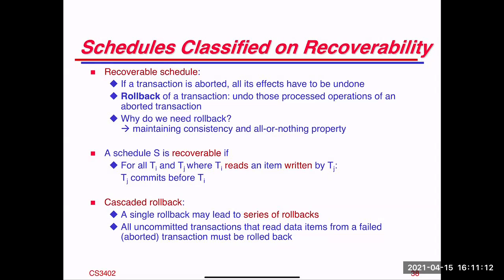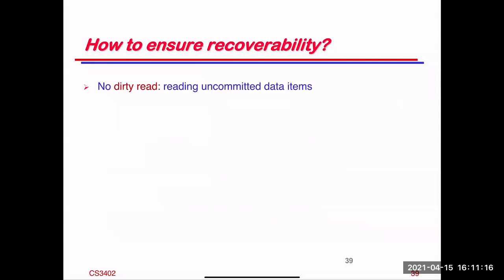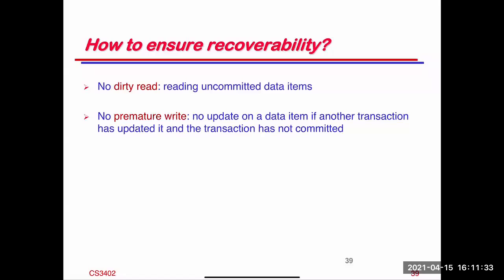So now that we have this definition of recoverable schedules, let's see how we can actually ensure it. There are several things we need to keep in mind here. We need to make sure that we don't have any dirty reads, so that's one way to ensure recoverability: you don't want to read uncommitted data items. Also, we wouldn't want to have premature writes.